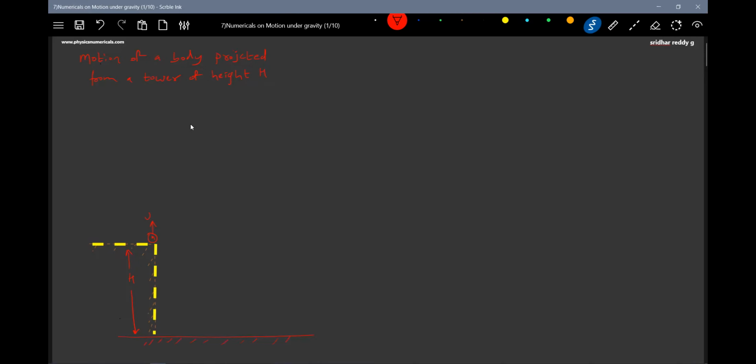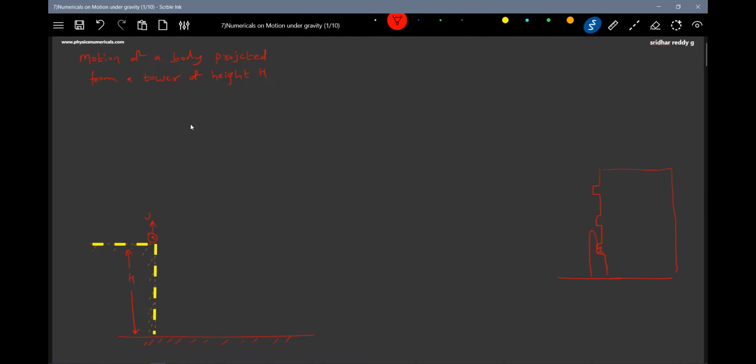Nowadays you have a building, apartment, or some building, and you'll be having a canopy here. So you stand here and throw a ball. Very simple, no? Maybe a few hundred years back it was some tower; nowadays we have high-rise buildings.